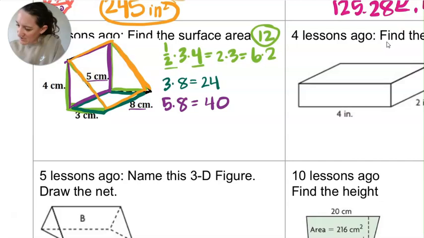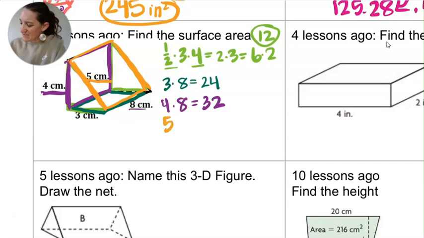I did this wrong. Okay, let's go back to that purple piece. That purple piece is actually 4. And the orange piece right here is actually 5, isn't it? So let's back up a little bit. The purple piece is 4. The orange piece is 5.